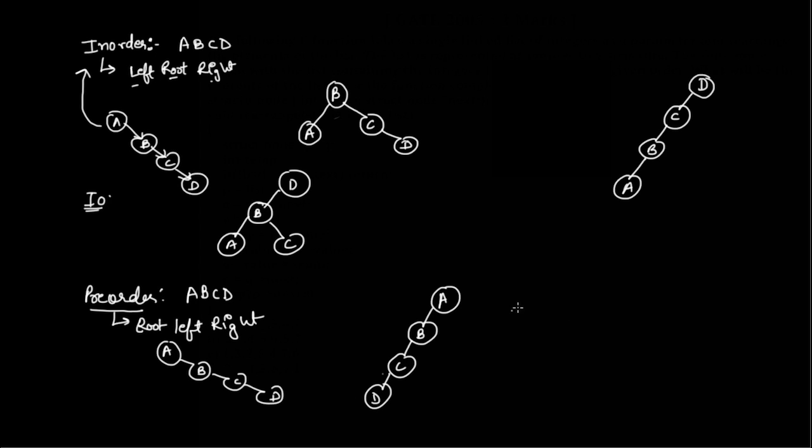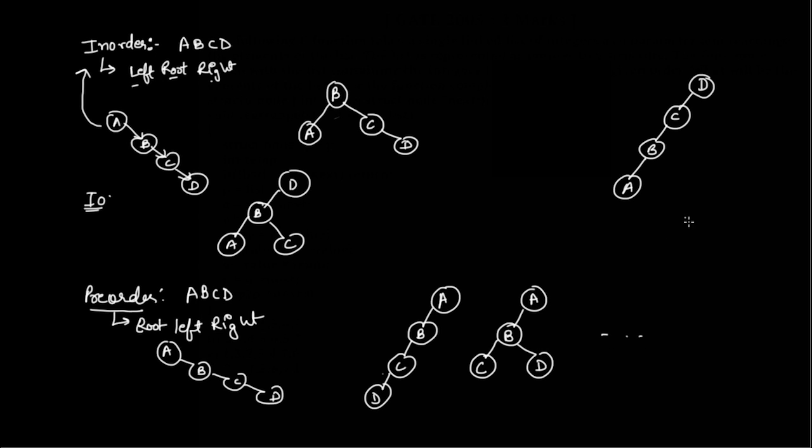Can we get any other tree having the same pre-order? It will be A, and then B, and then C, and then D. For this tree also we are going to get the same pre-order, and so on.